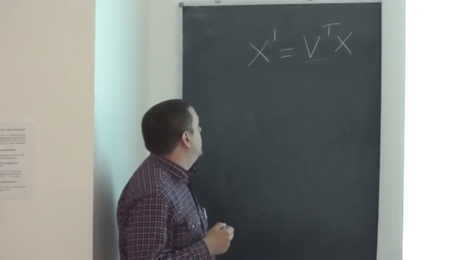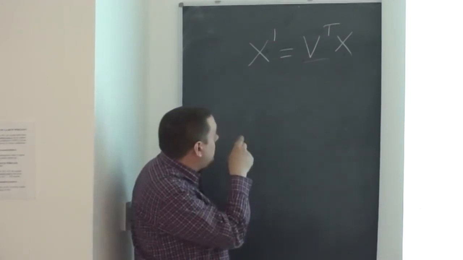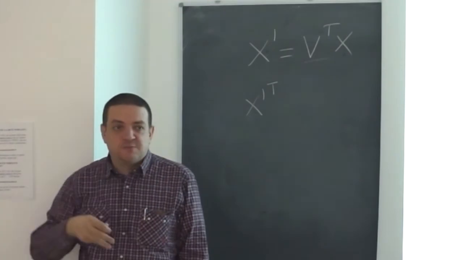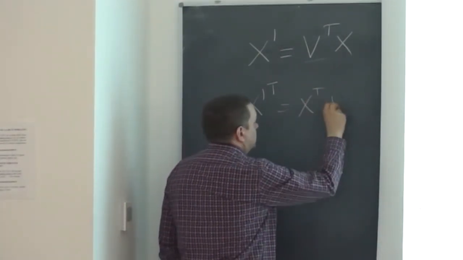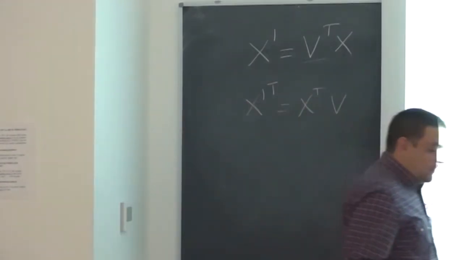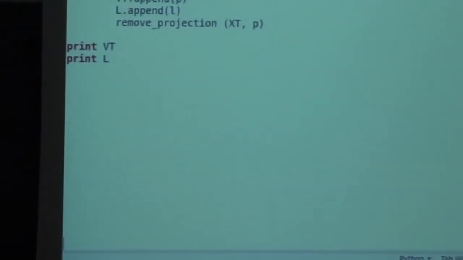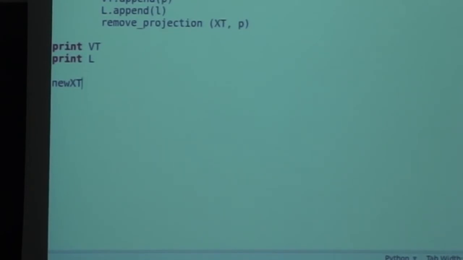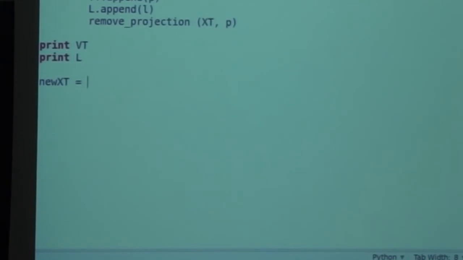How do I compute this? Actually, I prefer to compute X prime transpose because everything is transposed in our system, so it will be X transpose times D. So my new X transpose, the final transformed data set, will be the matrix product between the original X transpose matrix and the set of eigenvectors which I have stored in V transpose.